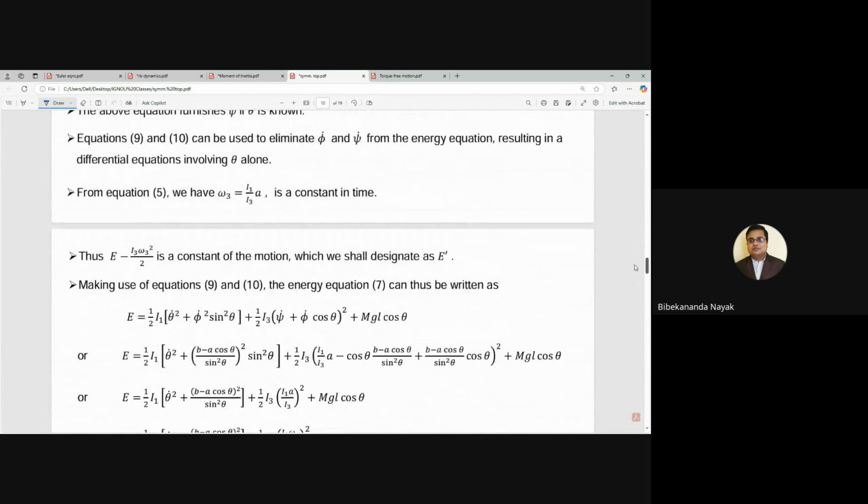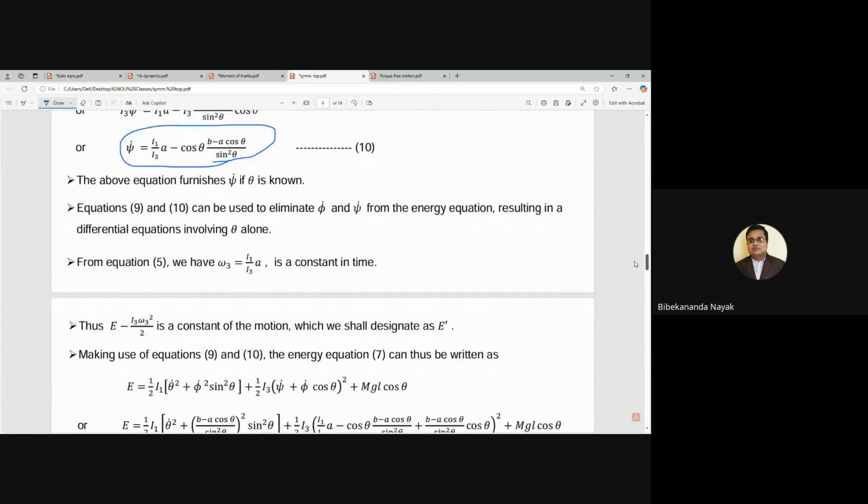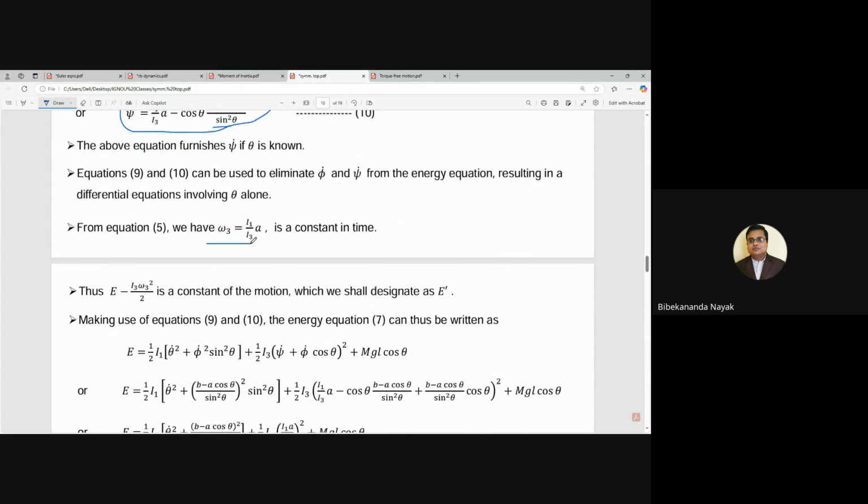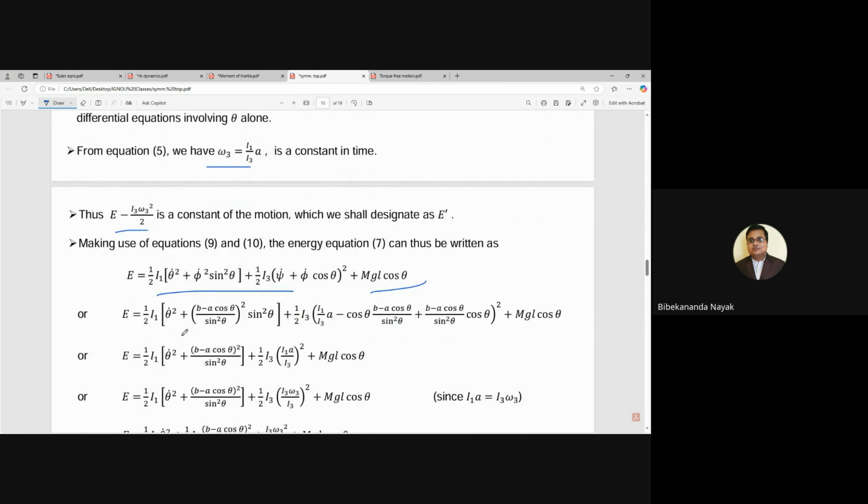So the equation will be only in theta, the derivative of theta and theta. How will this be? If you see, use this omega 3 from equation 5, so the energy will be E minus I3 omega 3 square by 2. E is a constant of motion, so E minus another constant of motion is also a constant of motion, E prime. Now our total energy is T plus V. Put in place of phi dot its value, and psi dot its value. So now it is in terms of theta and theta dot, and mgl cos theta.